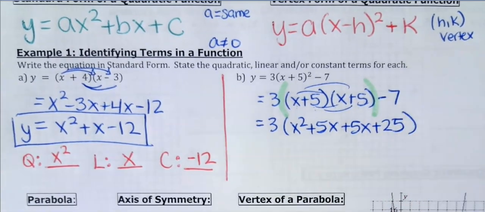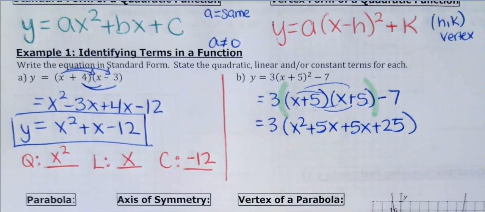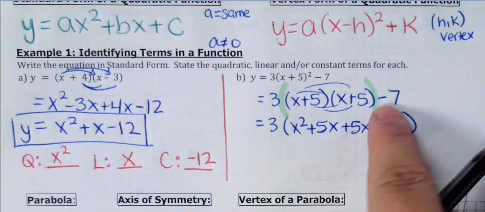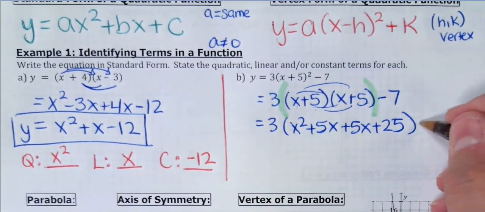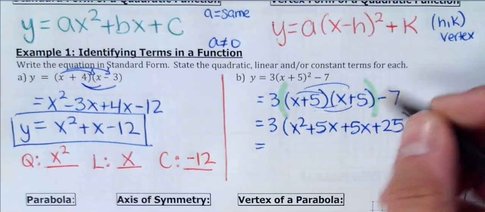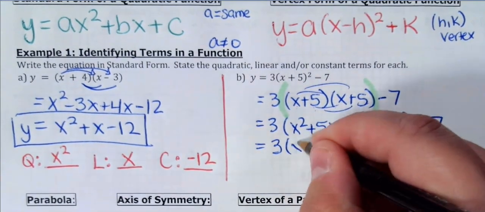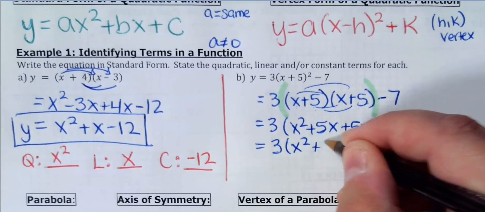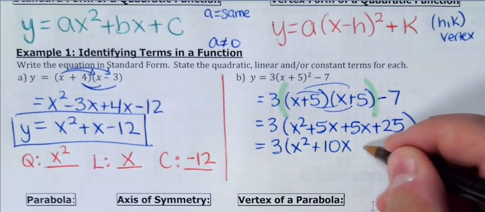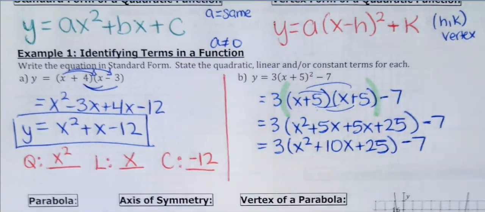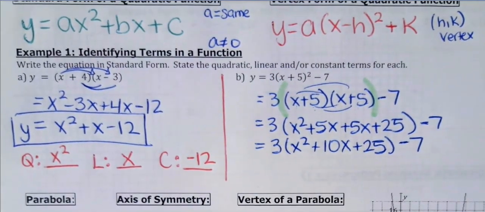Now, I'm going to keep parentheses around that because I only want to distribute the 3 to that set of parentheses. That negative 7 was outside of that, so I'm going to leave it outside. Before I distribute, I'm going to combine like terms: 5x and 5x put together is 10x, and then plus 25. Again, don't distribute the 3 to that minus 7, because that's not how it's set up in the equation. Then I'm going to distribute the 3.